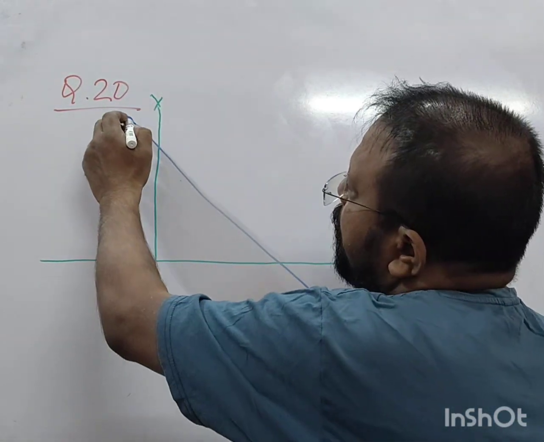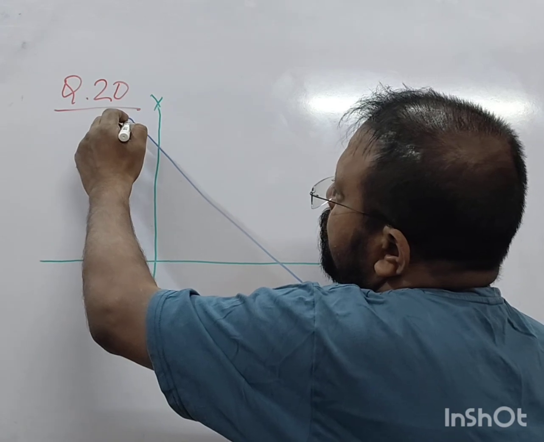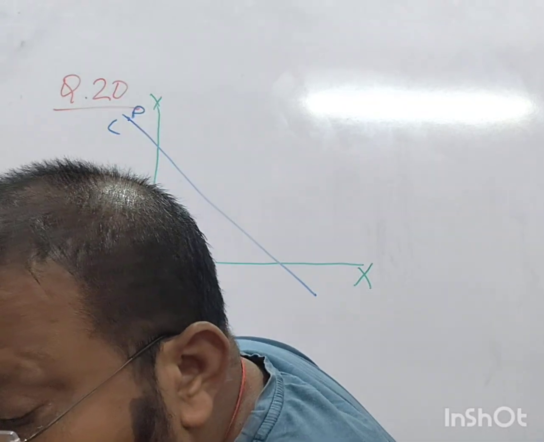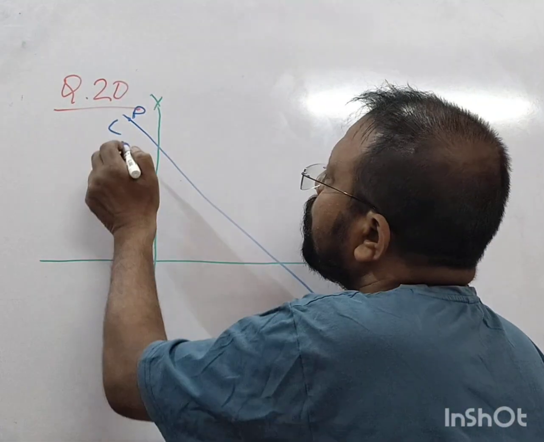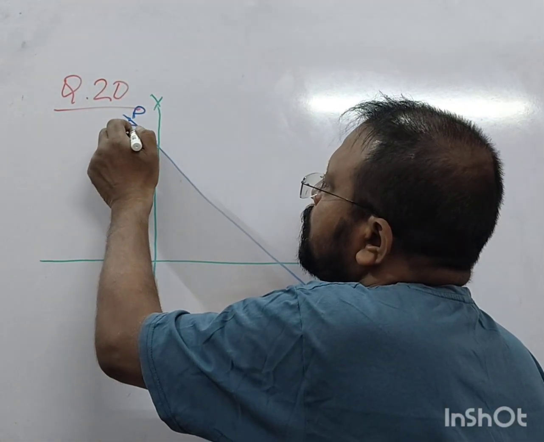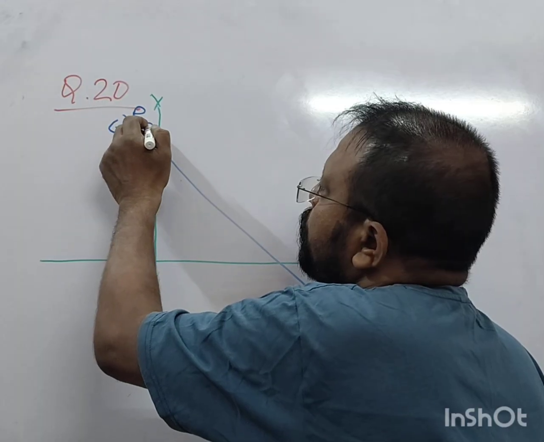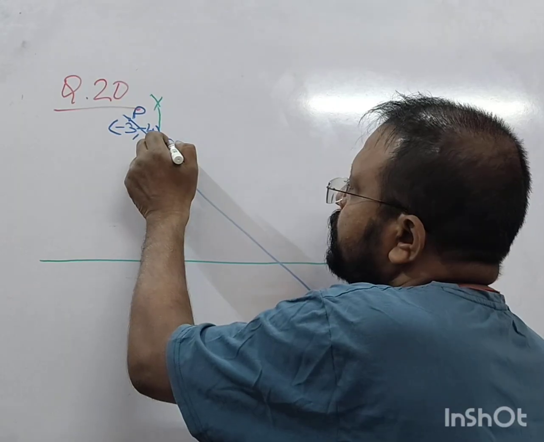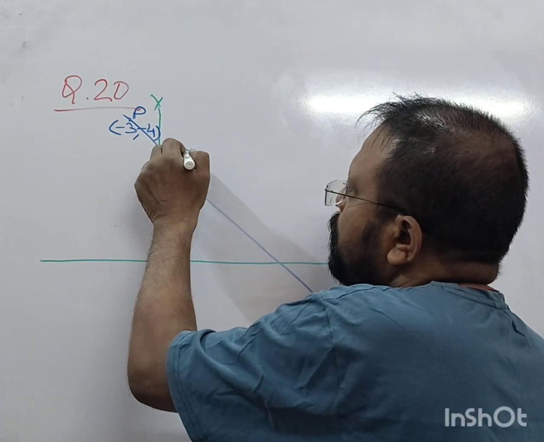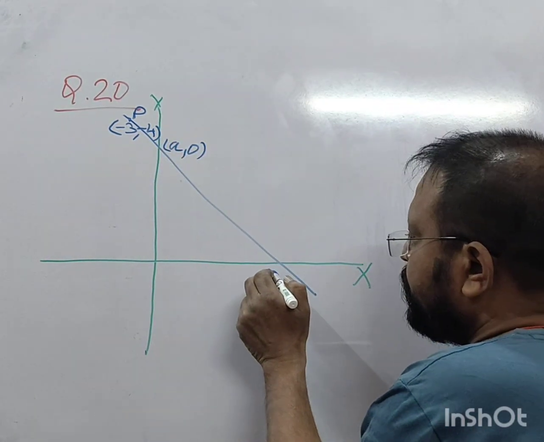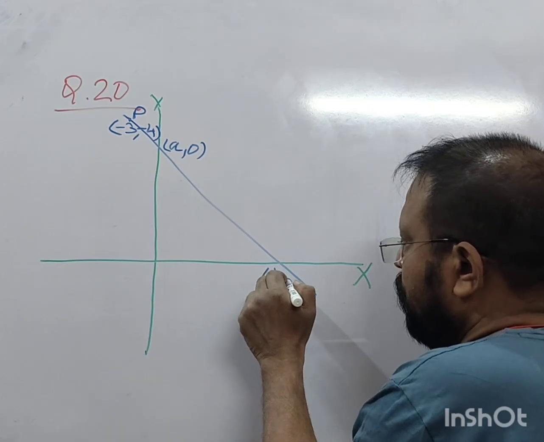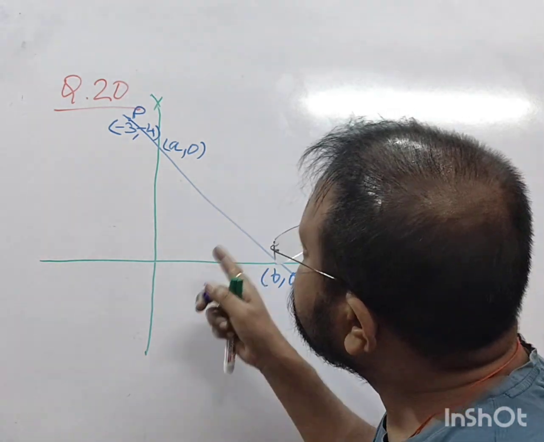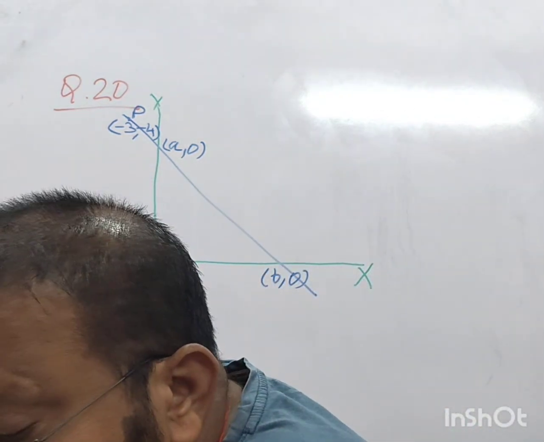This is a line which is passing through the point P, which has coordinates -3, -4. This is P. Here it is A, 0. Here it is B, 0. This is given.